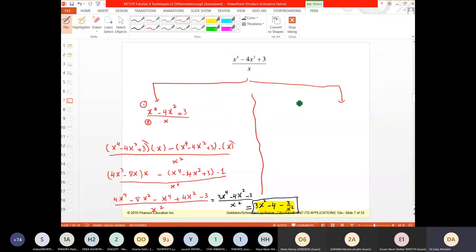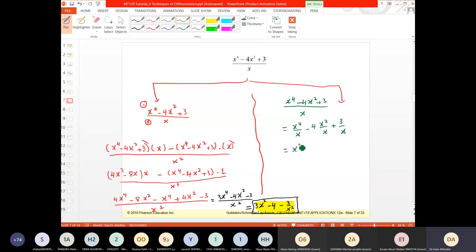Now the second way: because in this function it is just x^4 minus 4x squared plus 3 divided by x, I can just divide everything by x from the beginning. This will be x^4 over x, this will be minus 4x squared over x, and this will be 3 over x. Right? Yeah, that's correct.